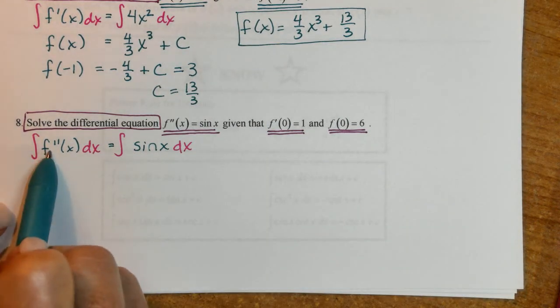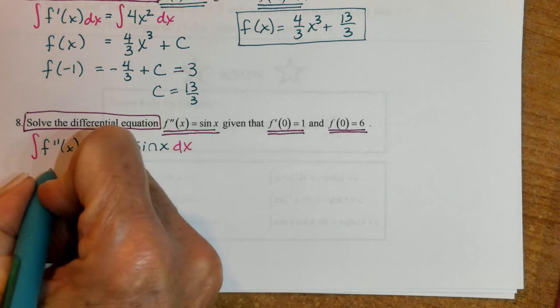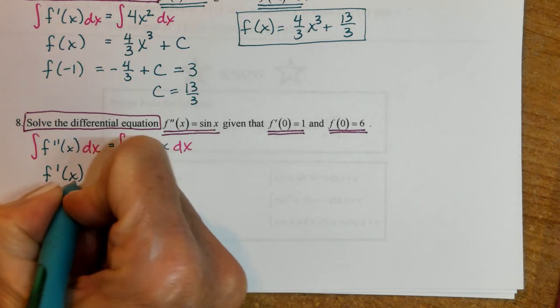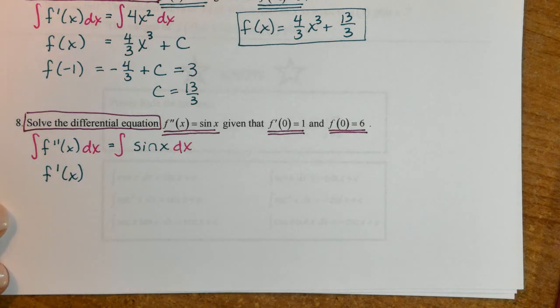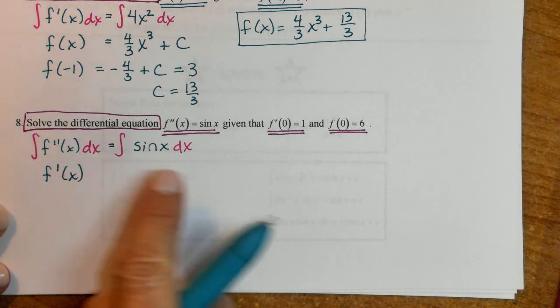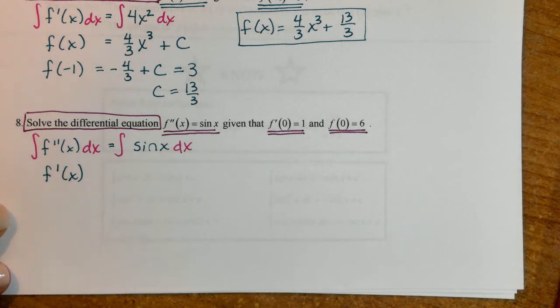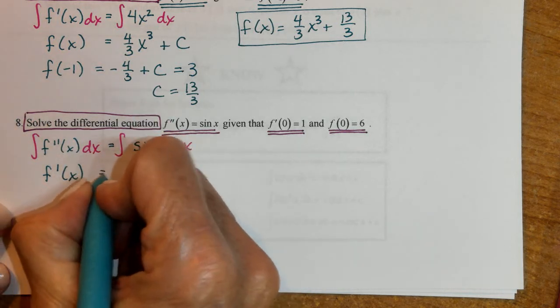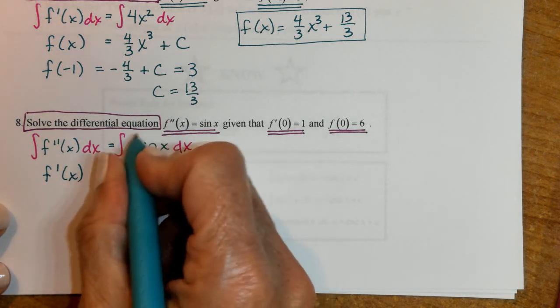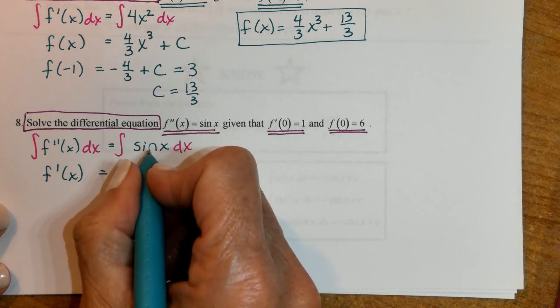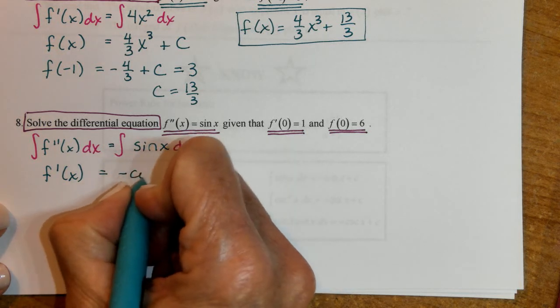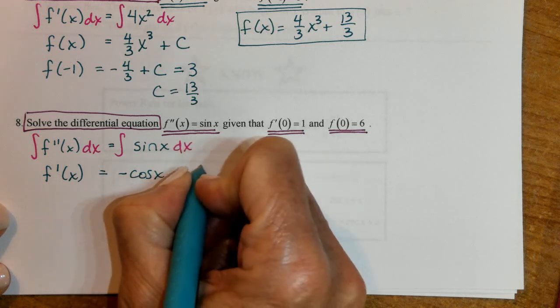The integral of f double prime is f prime, because the derivative of f prime is f double prime. We would have a plus c, but I'm going to combine this c with the c on the other side. The antiderivative of sine, the function whose derivative is sine, is negative cosine plus c.